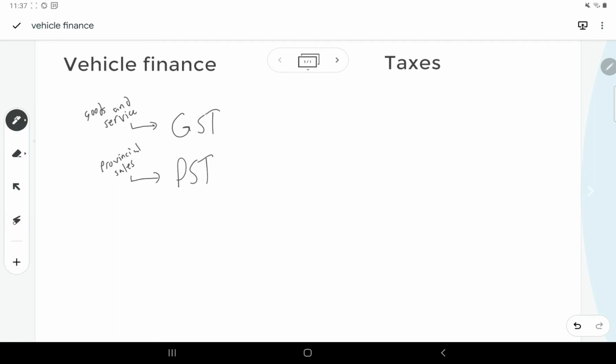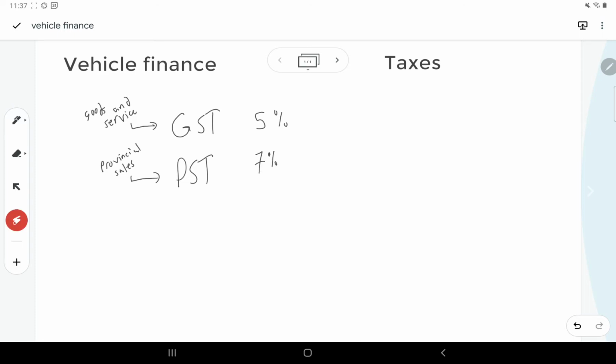Some of them have what's called an HST, which is the Harmonized Sales Tax, which is both of these put together. It's a little bit more complicated than that, but basically that. But for our purposes, we just do GST and PST. Now in Manitoba, in this year, 2021, the tax rates are 5% for GST and 7% for PST.